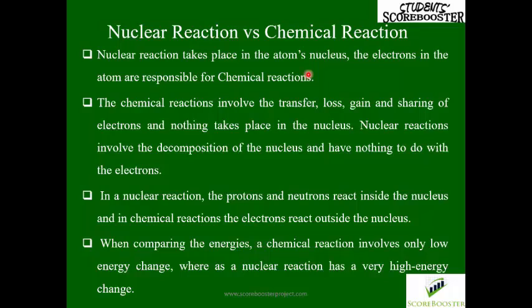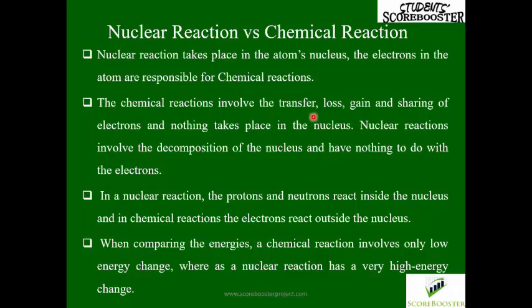The second difference is that we know a chemical reaction involves electrons, and there are various ways chemical reactions take place with the use of electrons. It can be by transfer, it can be by loss, gain, or sharing.